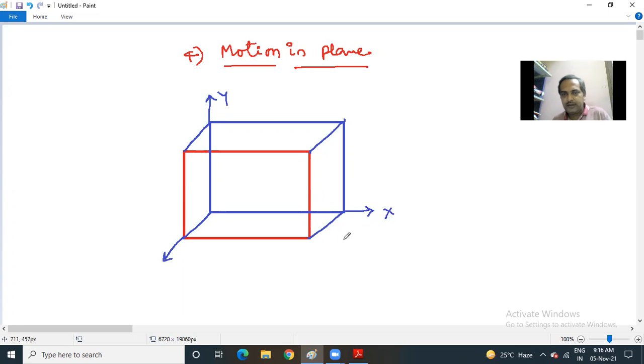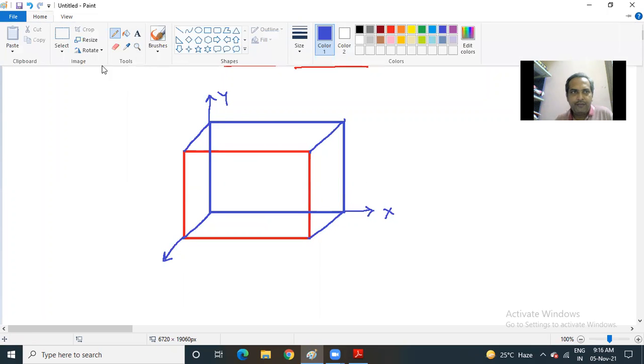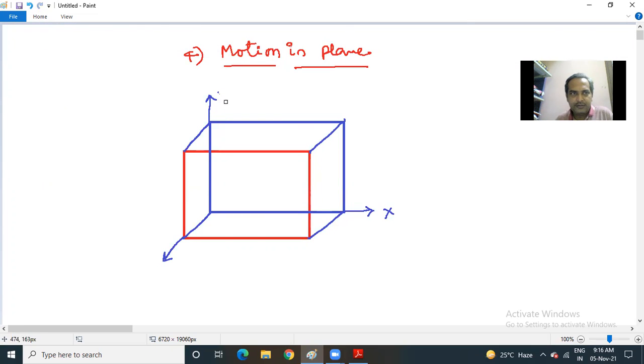It is not compulsory to take it like this. Suppose you take z-axis upwards, and y-axis like this. Suppose a ball is thrown at an angle with the x-axis, it moves like this and finally reaches here. So there is a change of coordinates along both x-axis and y-axis. So this is y, and this one is x. So there is simultaneous change of x and y coordinates.